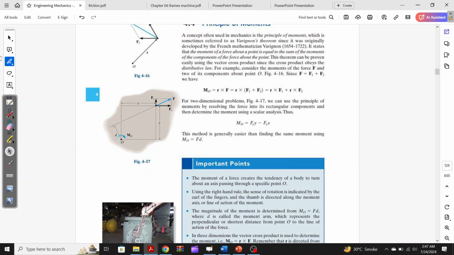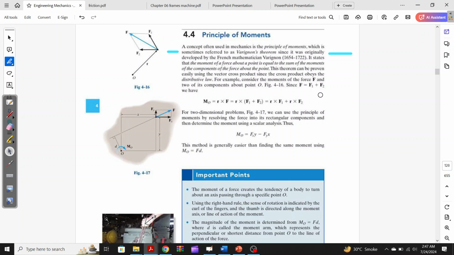In this line he tells you about the theorem, and further tells you that he's a mathematician giving you the concept, also called the principle of moments.